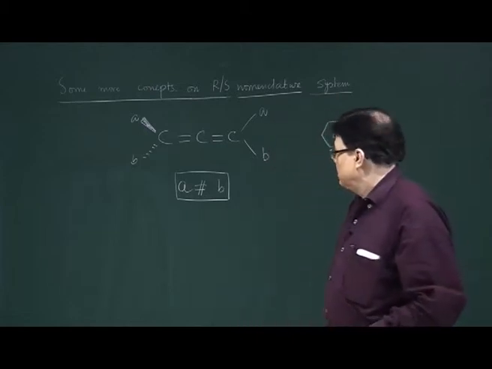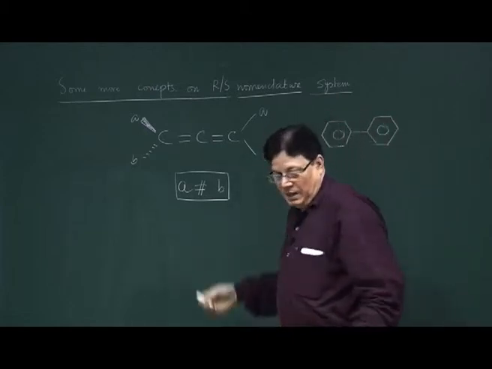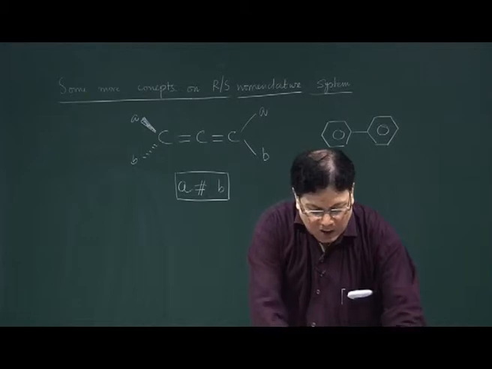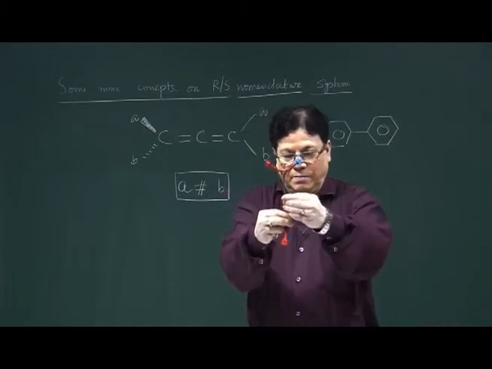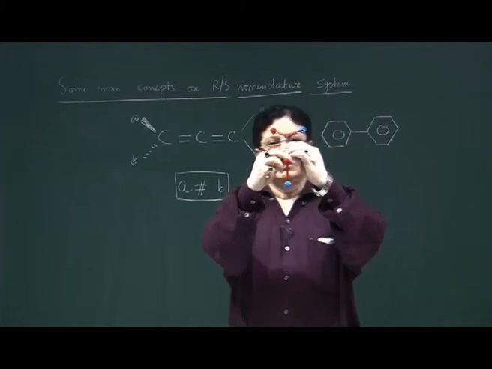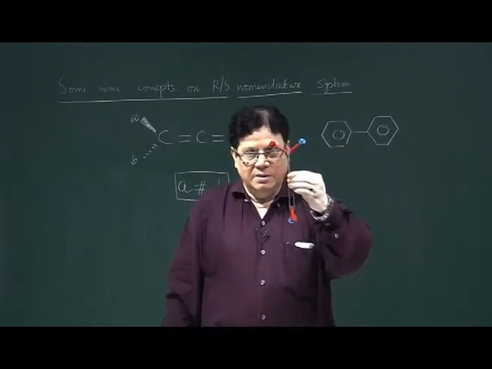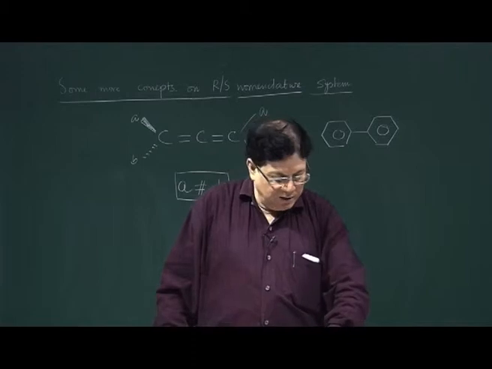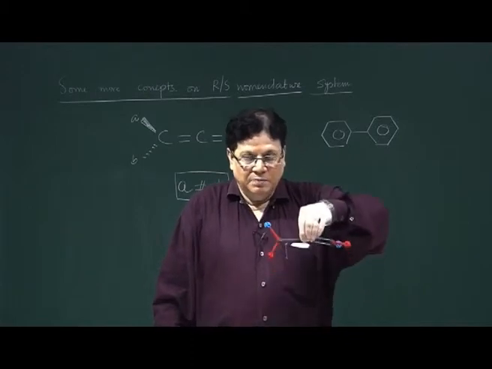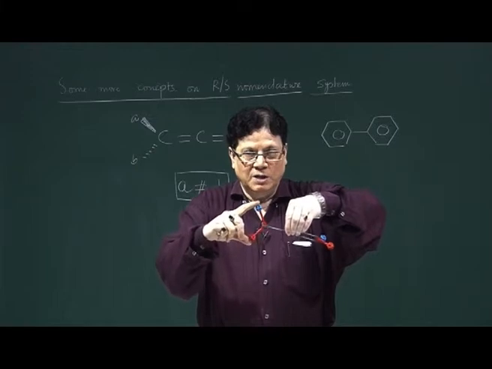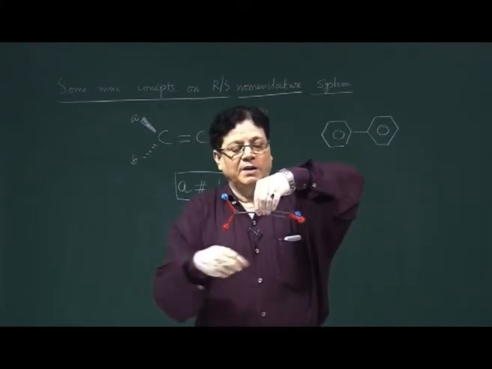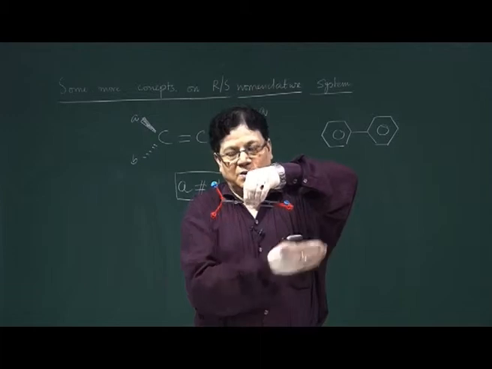Now, our problem is, this is chiral, I can show you the model. Actually, the allene looks like this. The middle carbon is sp hybridized, and it looks like this. So, you see these 2 bonds are now in a vertical plane, and these 2 bonds in the horizontal plane.